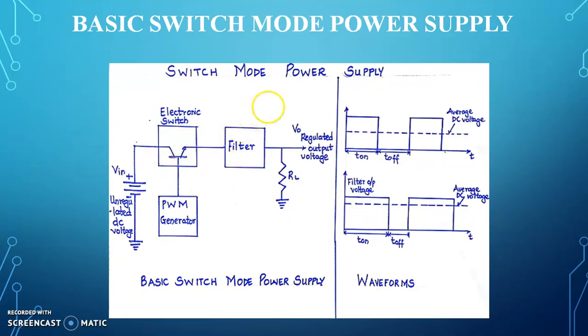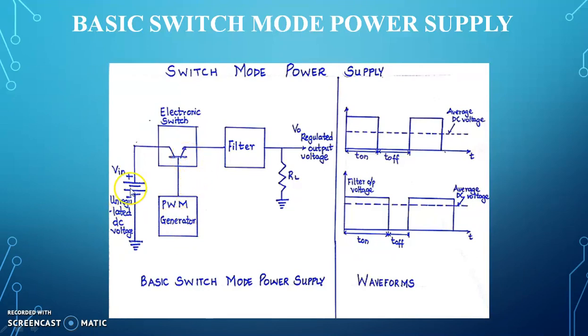Over here, the transistor is used as an electronic switch, which is used either in saturation or in cutoff. It is a high frequency switch. The advantage of using a high frequency switch is that the size and the weight of the component in the electronic switch reduces.